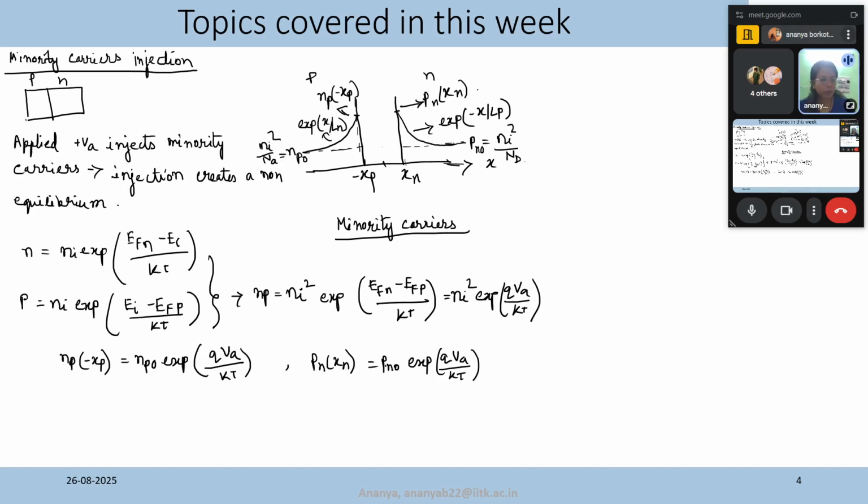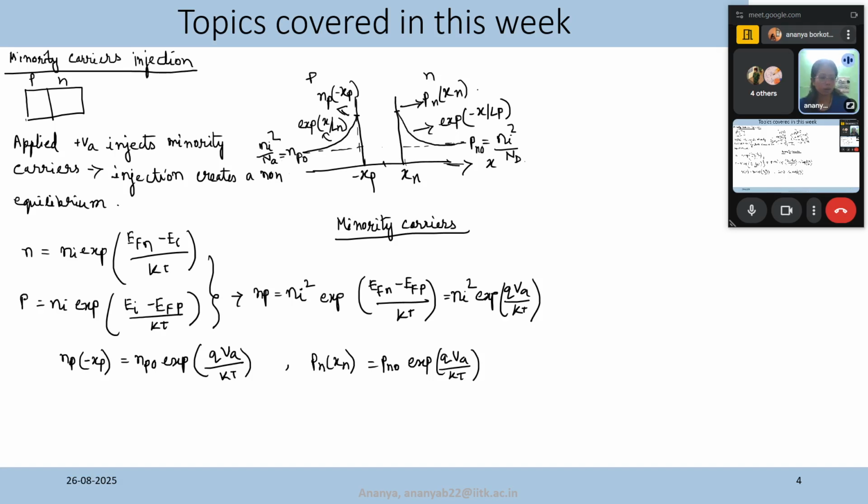These expressions are very important. You should remember this if you want to know how we can calculate all the currents. The derivation was not discussed in detail in the course because the professor is trying to give you the bigger picture, like how the movement happens. Derivation you can find in any book.